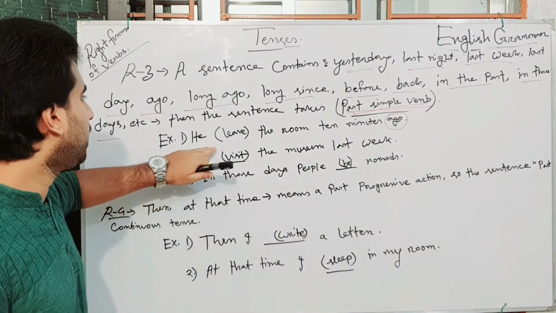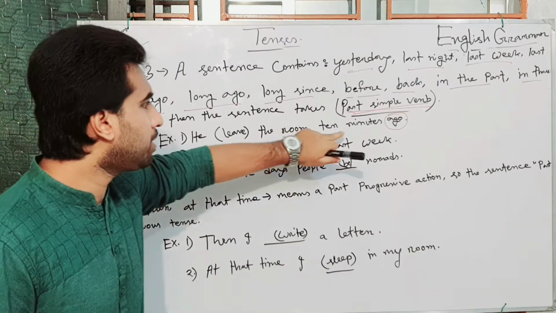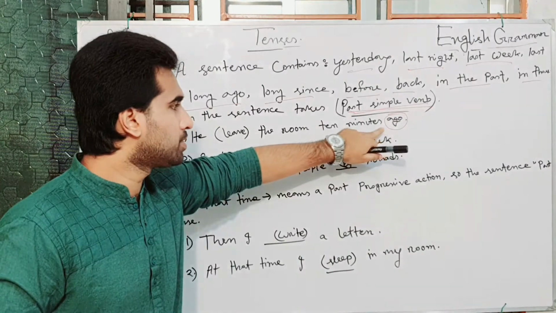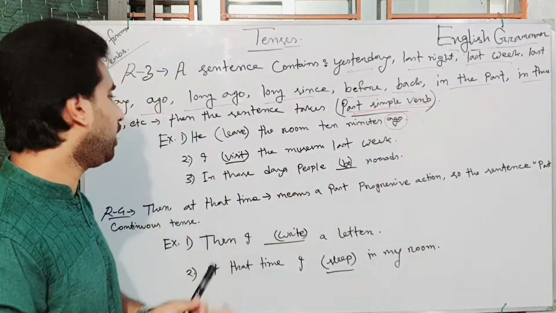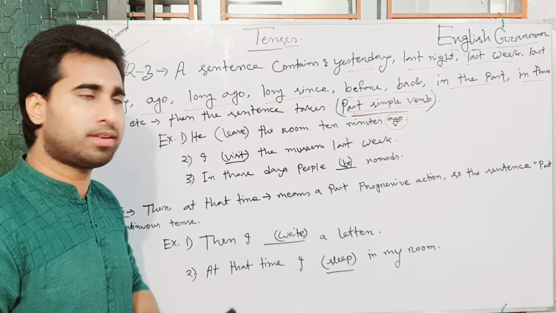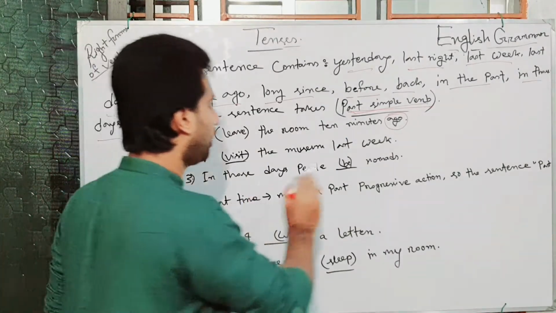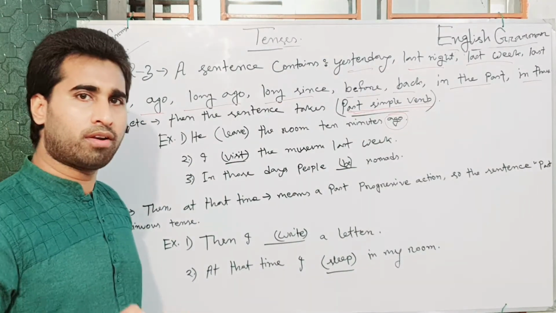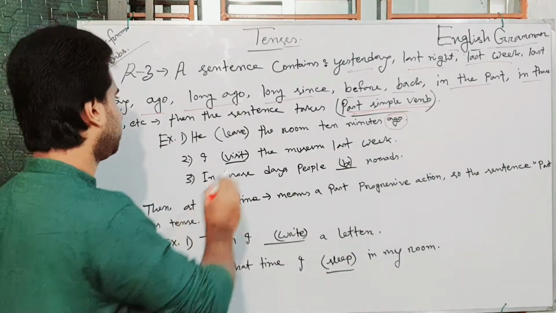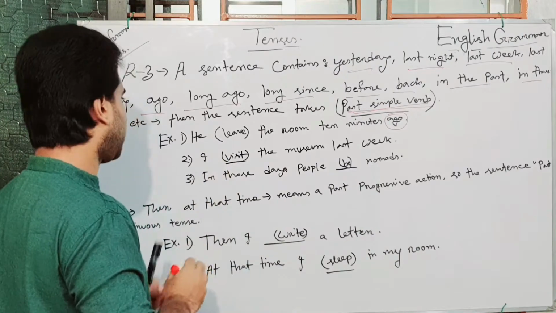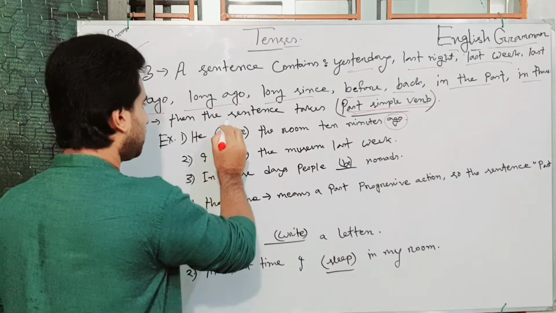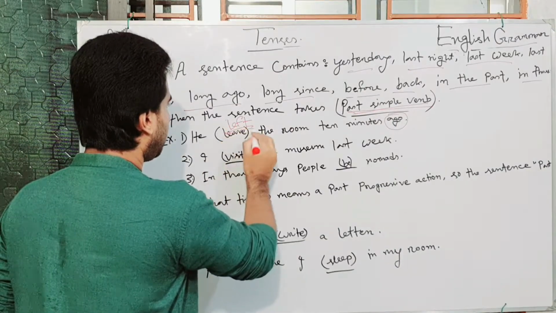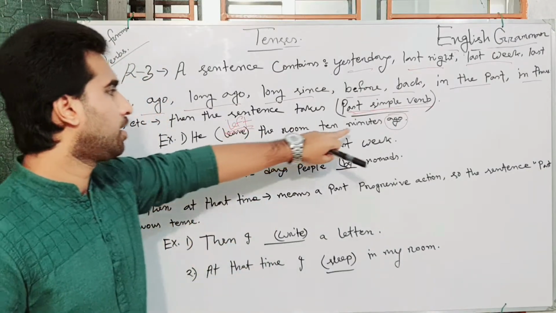Ten minutes ago means he isn't in the room; he has already gone from there. So the correct form of the verb is he left. He left the room 10 minutes ago.